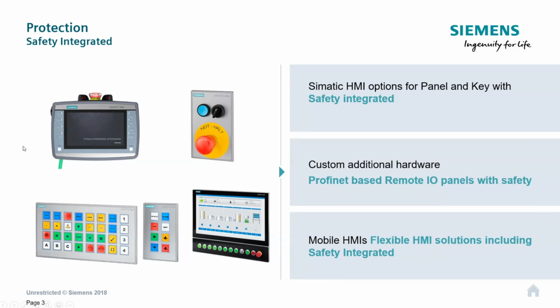Other things like the new mobile panels we have as well, with the integrated emergency stop and dead man handles and things like that. This is really great feature. These are Ethernet based, okay, and these are a great addition if you have an application where you need a HMI in multiple places with safety on it, but you don't want to put a HMI actually physically in every place.